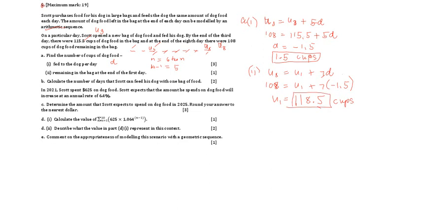For letter B, calculate the number of days that Scott can feed his dog with one bag of food. So we're looking for the number of days, which is n. So u sub n is equal to u sub 1 plus n minus 1 times d.